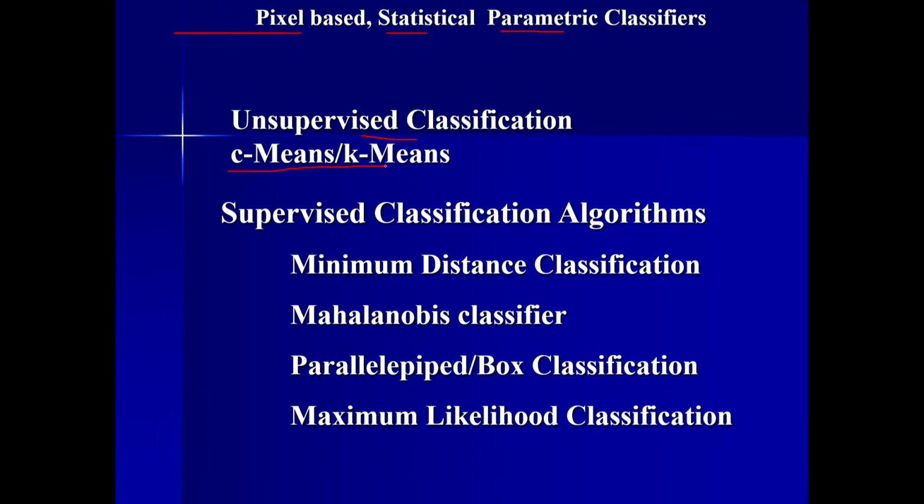You can see a large number of algorithms developed in supervised classification. The first one is minimum distance classification, second is the Mahalanobis classifier, third is the Parallelepiped or box classifier, and fourth is the maximum likelihood classifier. Since it is supervised, each and every parameter required in the algorithm can be initialized using training data, and that's why you see a large number of algorithms.